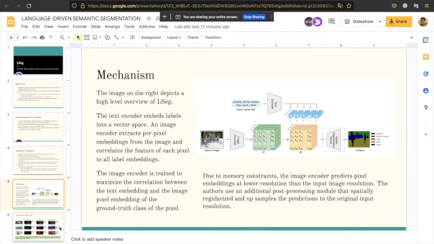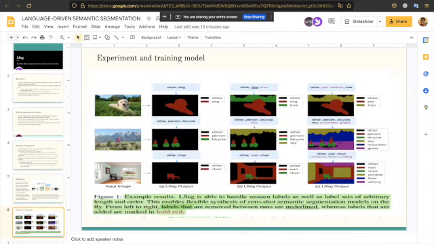low resolution. So this is another example, a good example of the model in practice. If your input is this image and the two text labels are other and dog, it only uses other and dog. So the dog is classified as red and other is all classified as black.